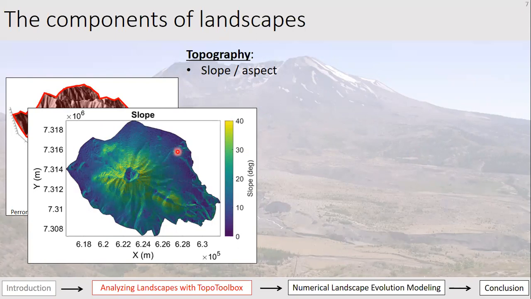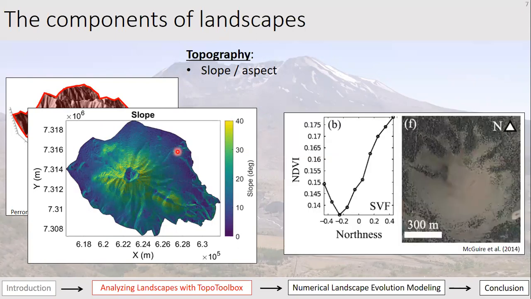Another extension to this is to look at slope aspect, which is to say the direction in which slopes are facing. And this is useful if we want to try to quantify how slope aspects relate to, for example, vegetation or erosion. And this is an example of that here from McGuire et al. 2014, which compares the northness of slopes to vegetation through the normalized difference vegetation index.